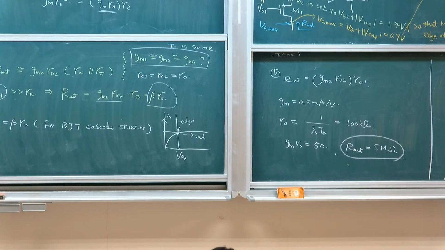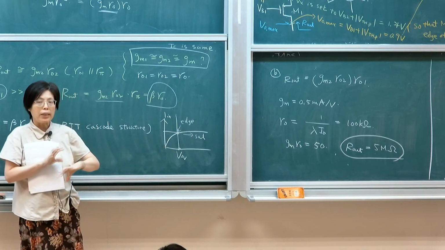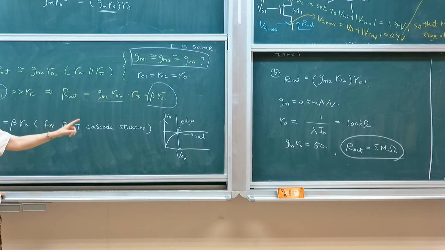So you want to see that this is a very powerful tool to get large resistance. Because if you think about it, I've said it many times, it's actually very hard to construct resistance, especially to get large resistance in integrated circuits. So you typically want to use transistor characteristics to effectively give you this current source-like or high resistance-like behavior. By stacking two transistors, it's much more area efficient.